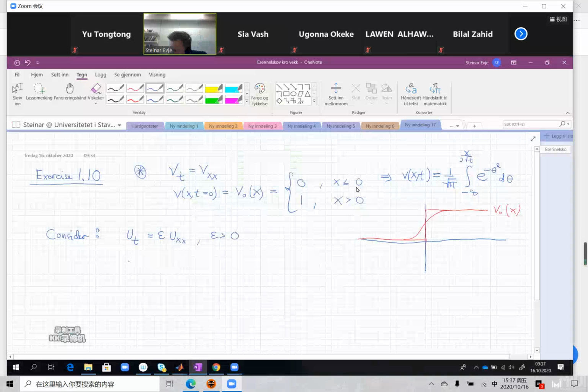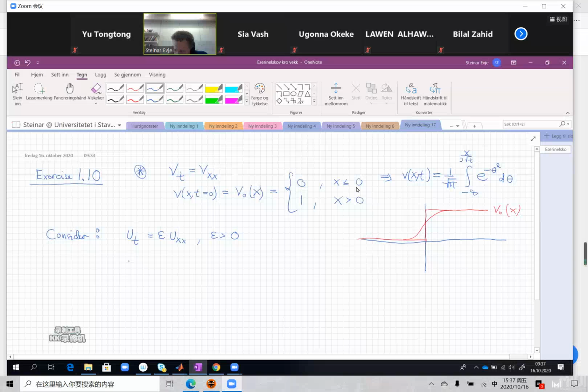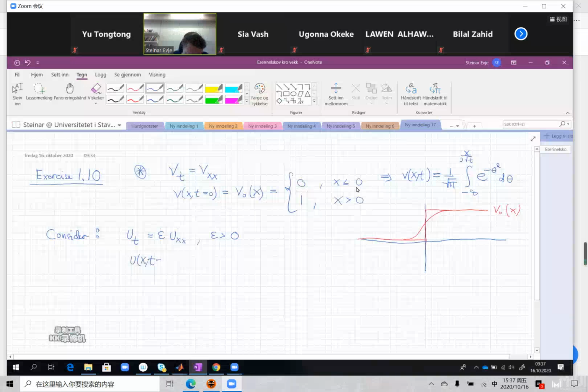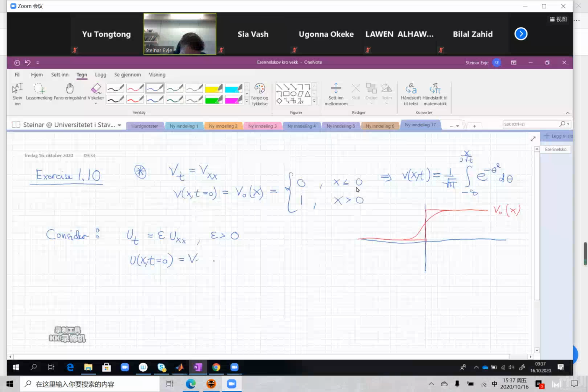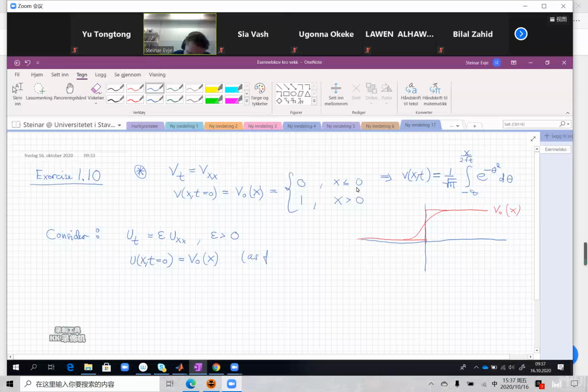And the initial data is the same as the Heaviside function.